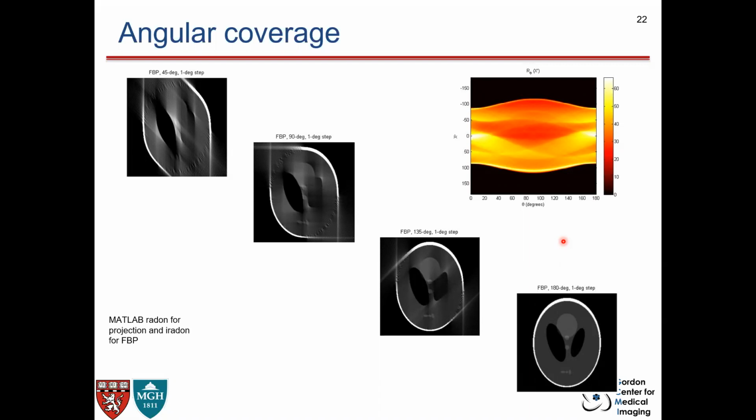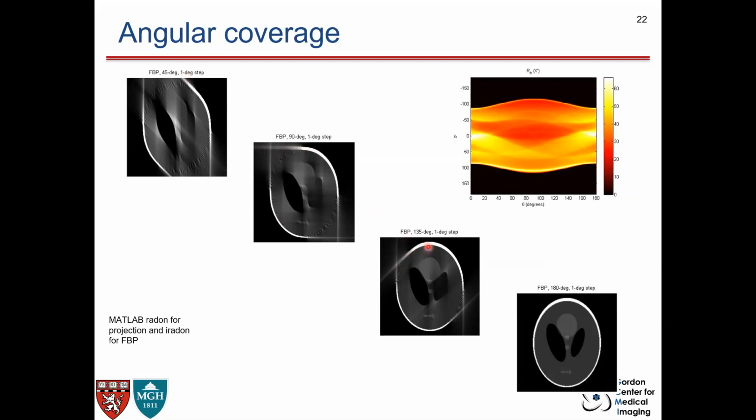Okay, so typically what you want to have is 180 degrees, slightly more than 180 degrees of angular coverage, to reconstruct the image without much artifact. So top left is only 45 degrees. And then here is 90 degrees, and the angular sampling is 1 degree in all images.